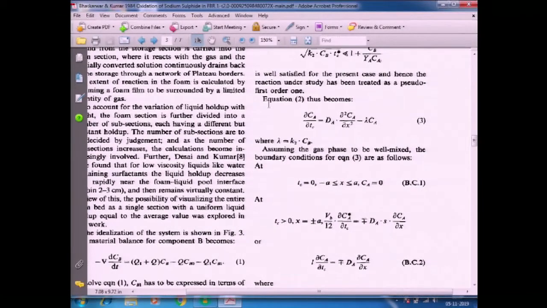At x equal to minus a, the conditions are reversed. This will be the same, but the dou Ca by dou x there will be negative, so we have to choose the positive quantity. Alternatively, we could have focused only on the condition at x equal to plus a, and said that x equal to 0, which is the center line, will have dou Ca by dou x equal to 0.